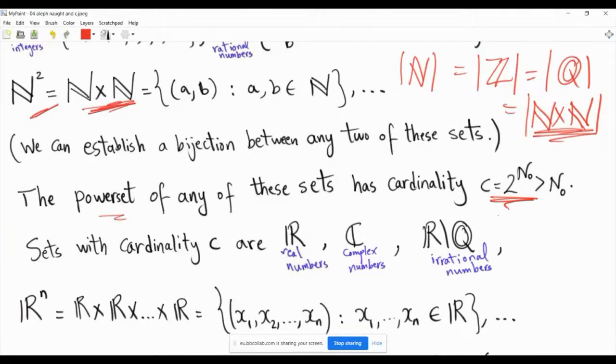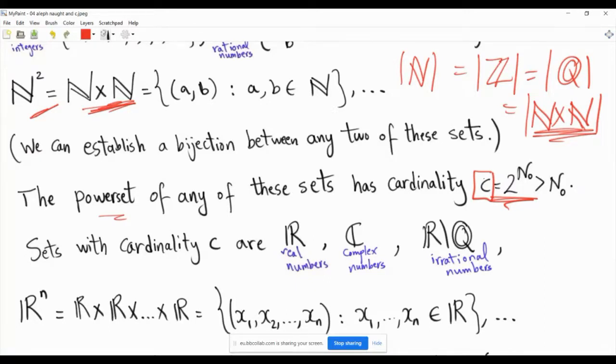And so the set of real numbers is strictly larger than the set of natural numbers. It has a cardinality that we denote by small c, which refers to the continuum, a fancy word for the real numbers.